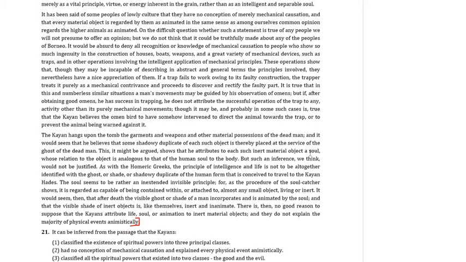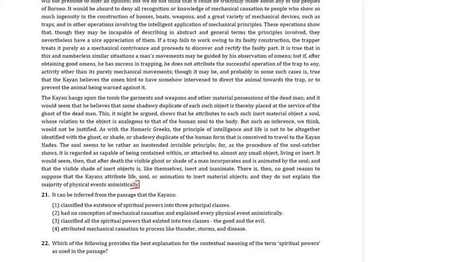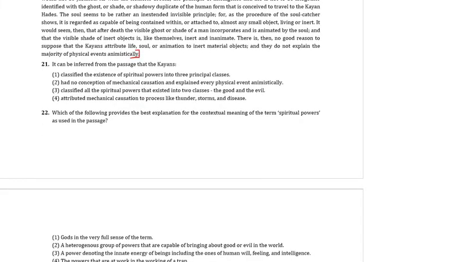If I look at the questions here, I would notice that the very first question clearly says it can be inferred from the passage. So this is a purely inferential question where this data may not be given directly in the passage. I need to read the whole passage and then, based on the passage, eliminate each statement and arrive at one answer.